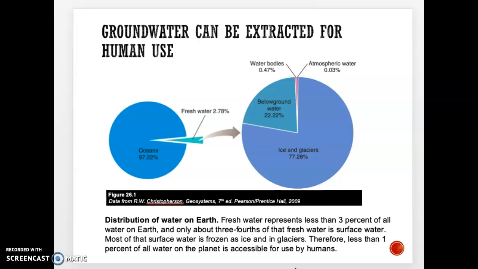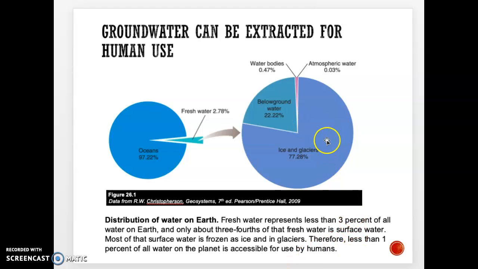How much or what percentage of fresh water is surface water? And then what percentage of water is accessible for human use?